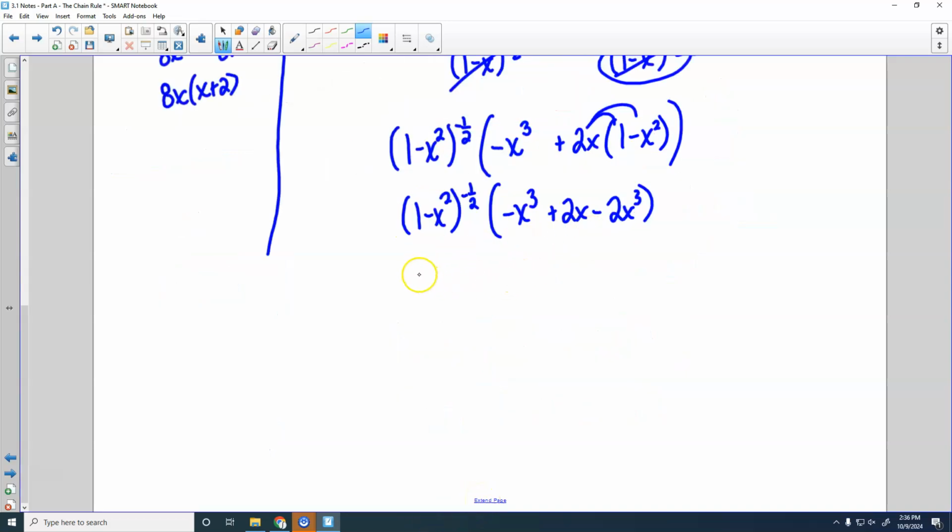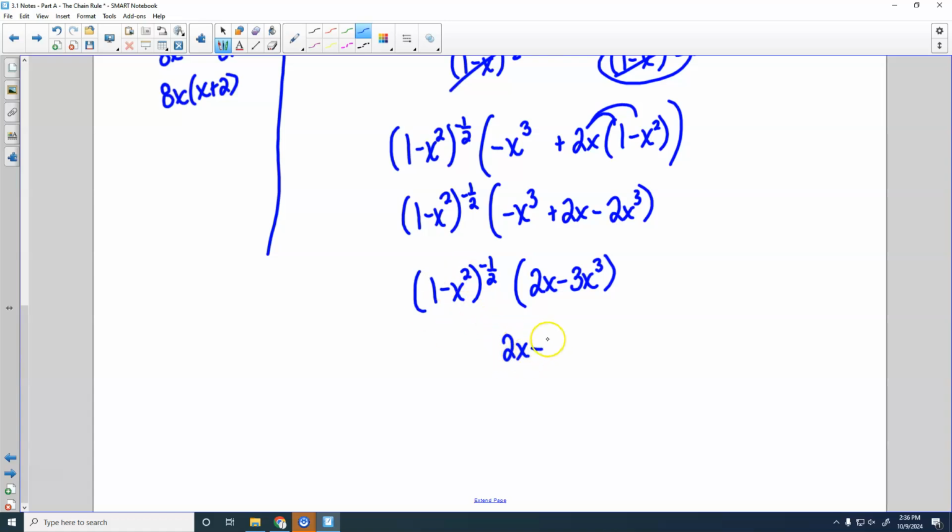And (1 minus x squared) to the negative 1/2 times, they usually write it like this, 2x minus 3x to the third, although you could do negative 3x to the third plus 2x would be okay as well. And most of the time, they will send that negative exponent back down to the bottom.